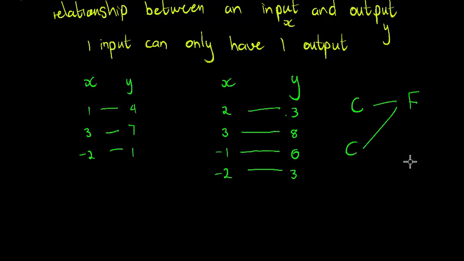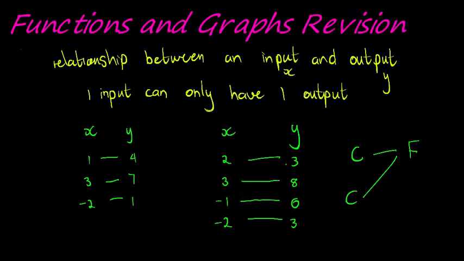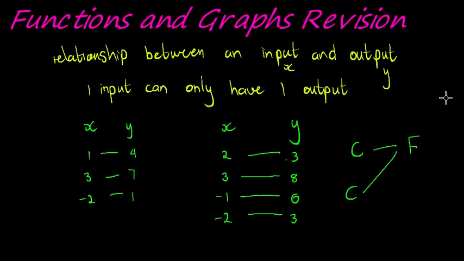Now that's the same with a function. The children are the x's and the fathers are the y's. So to say if something is a function, it's literally asking who's your daddy. Okay, if every x value only has one y value, then that's a function.